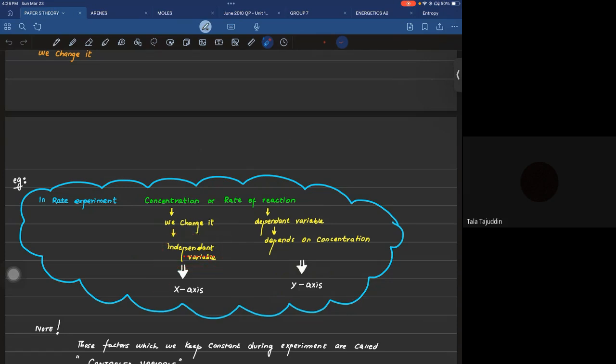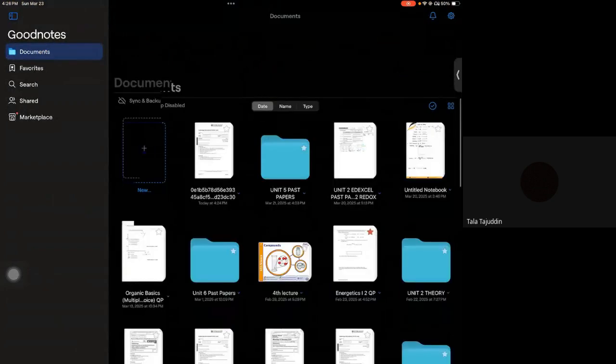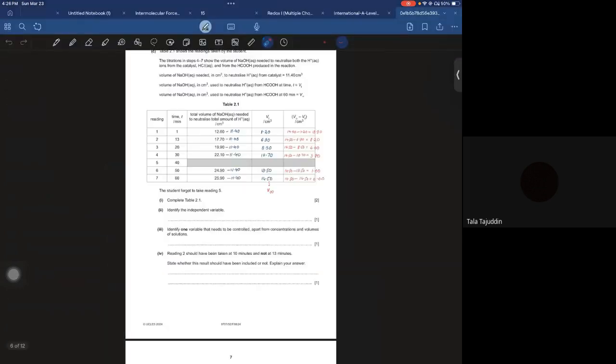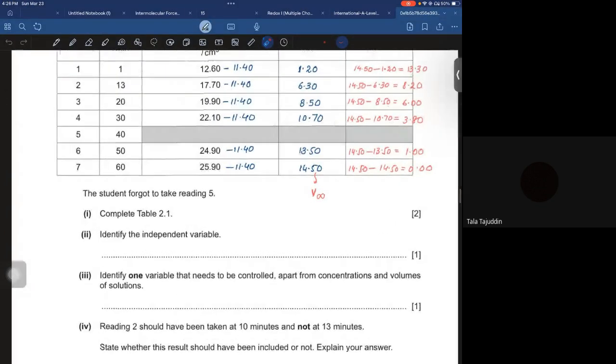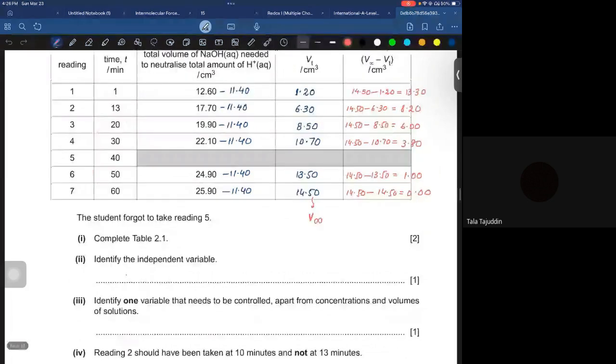So what are they asking in the question? They are asking for the independent variable. Can you tell me what should be the independent variable in this? Of course, we are changing the time. So the time is your independent variable.